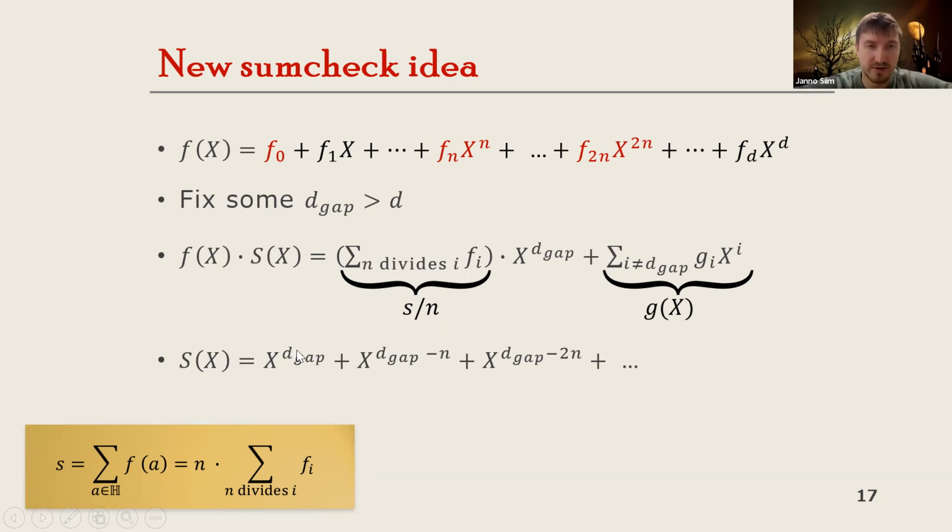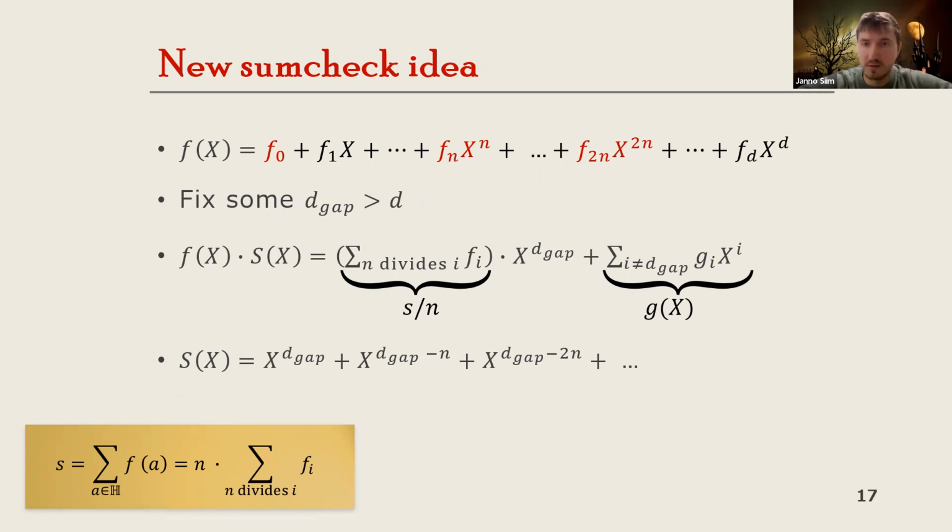First, you have x to the power d_gap. Why this? Because if you take this value and multiply it by f0, then you get the term x^d_gap. Similarly for the next one, x^(d_gap minus 1). If you multiply this by fn x^n, then again this will become part of this x^d_gap, and so on.